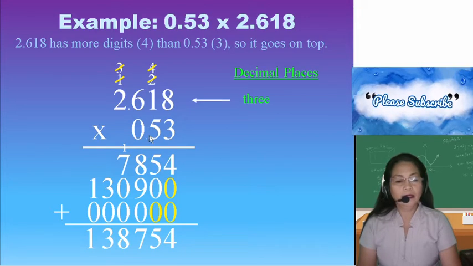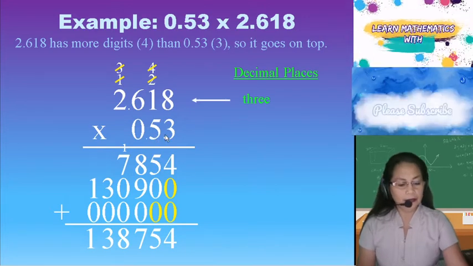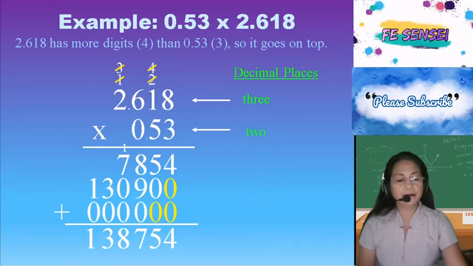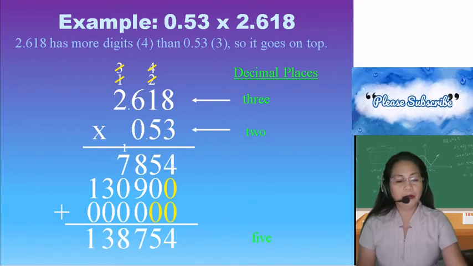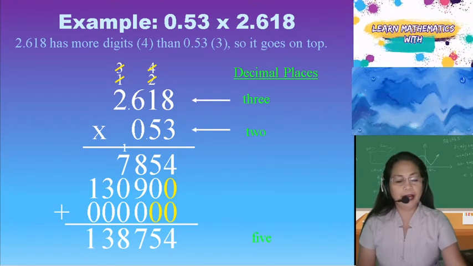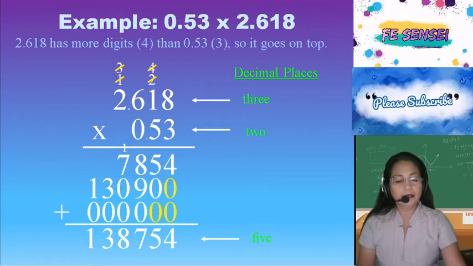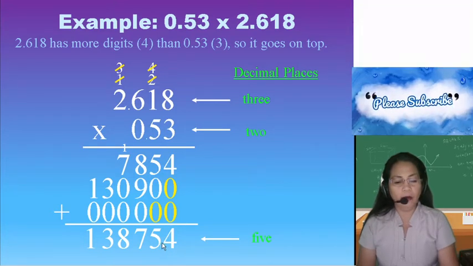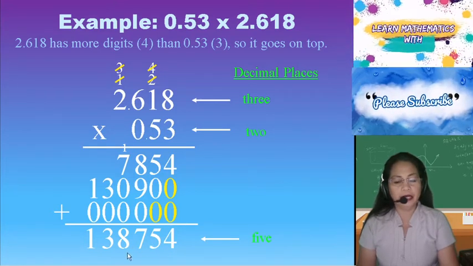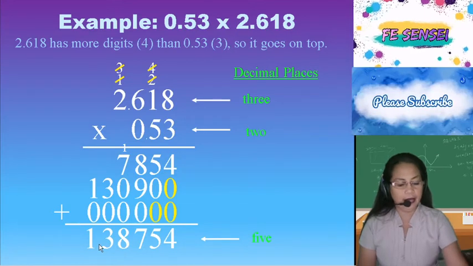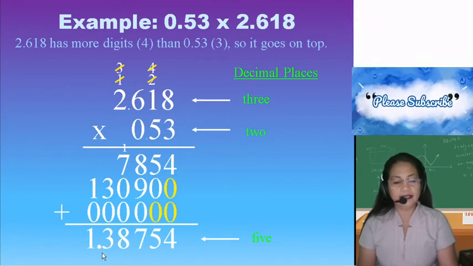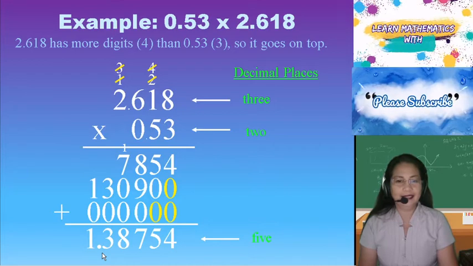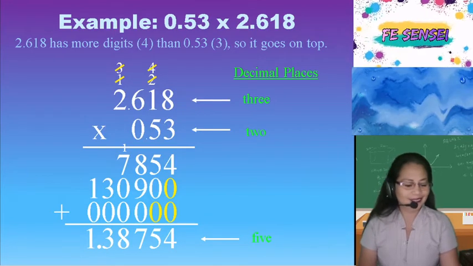Then 1, 2. We have 2. So the total is 5. So count from the right. 1, 2, 3, 4, 5. And that's it. Got it? I hope.